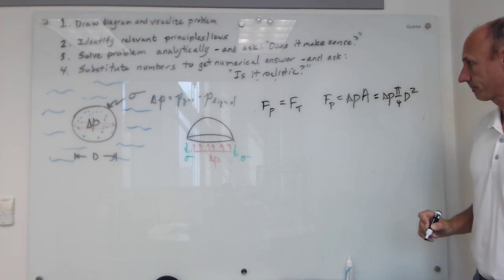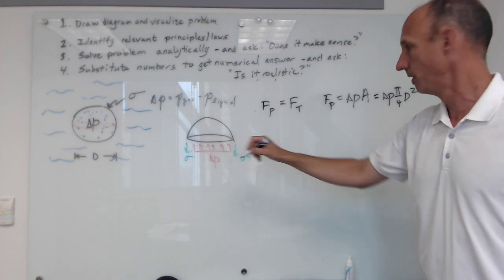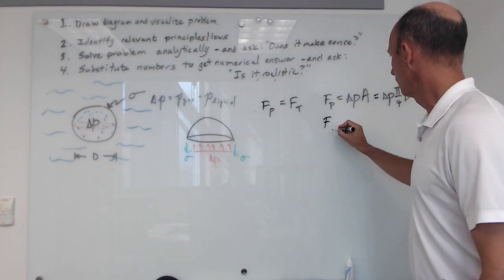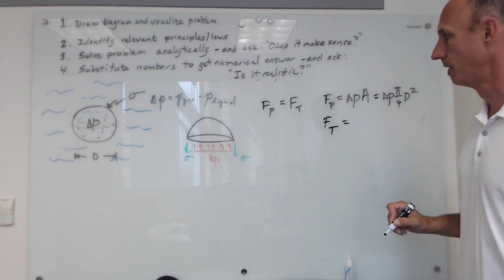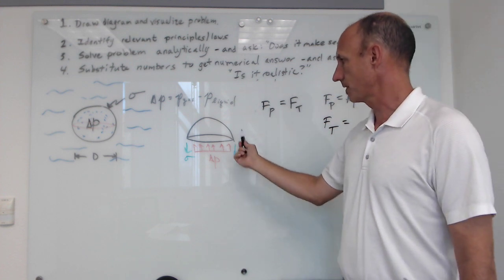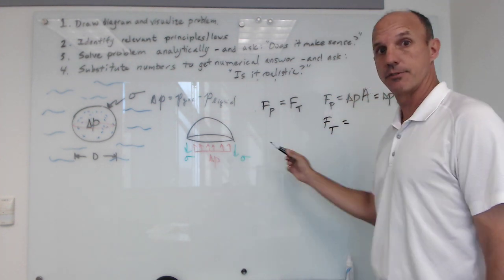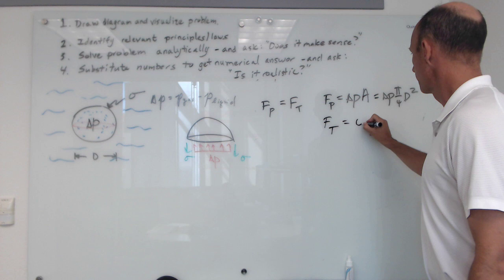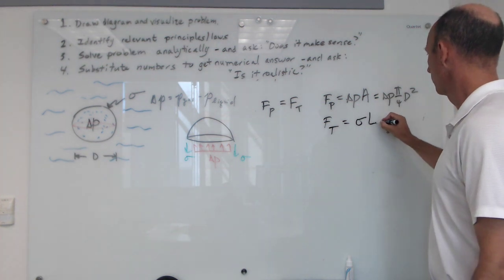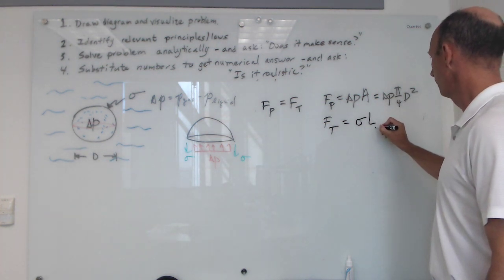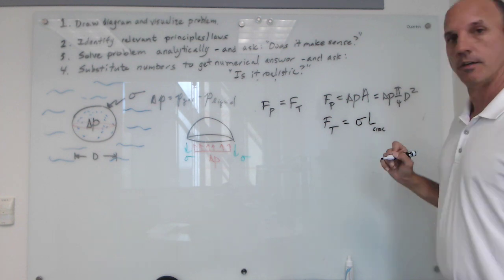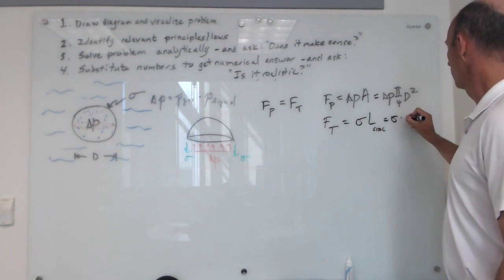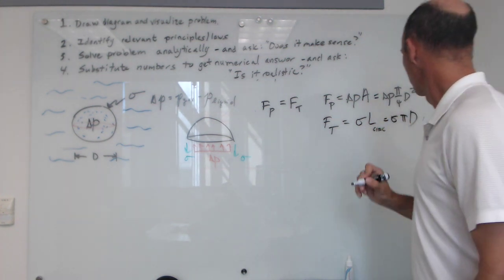Okay? So the next thing we can do is think about the force due to surface tension. That's going to be equal to the surface tension multiplied by the length over which that surface tension acts. So that's sigma times the length of the circumference. Okay, and that's just equal to sigma times pi times d.